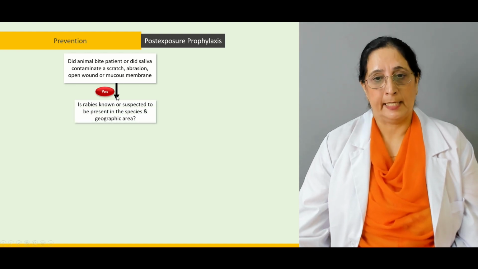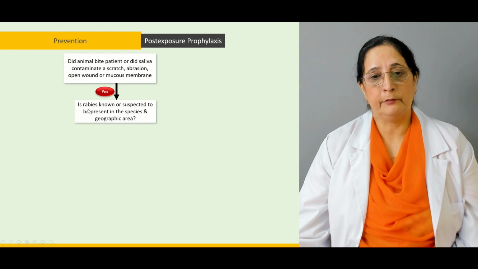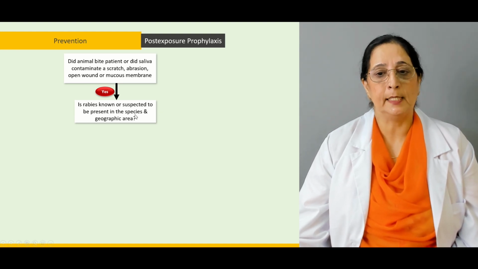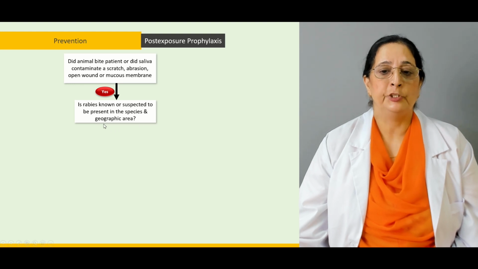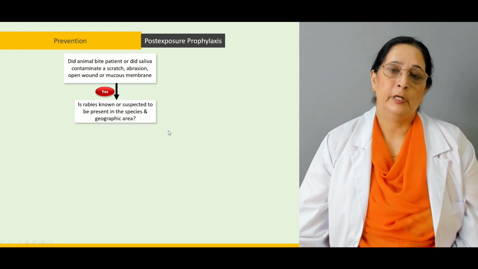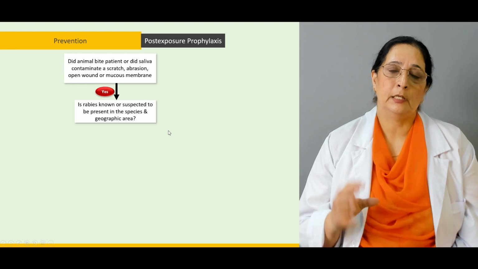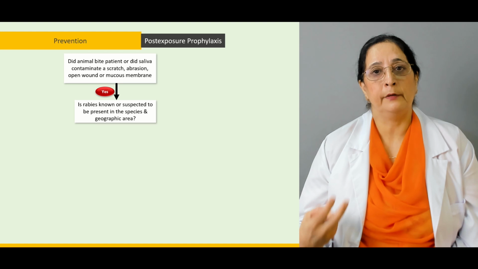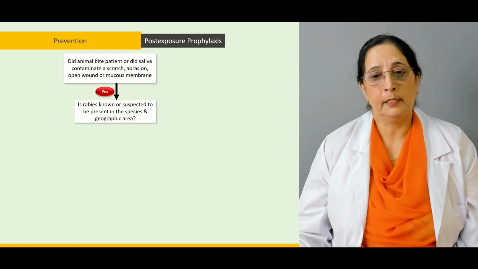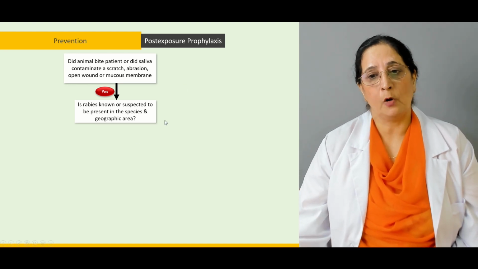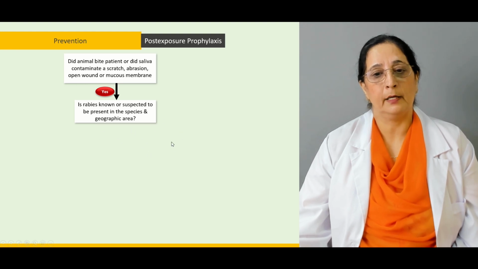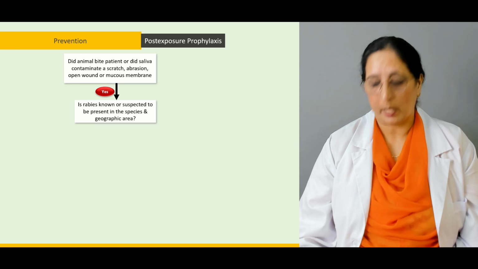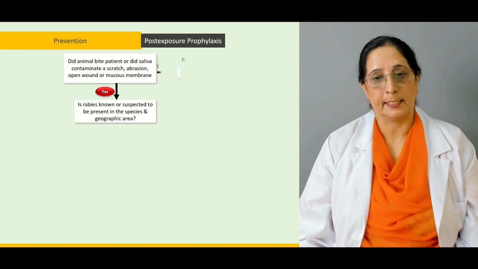If yes, it did, then is rabies known or suspected to be present in the species and geographic area? So if the saliva touches or the animal bites, then we need to know whether rabies is common in that geographic area, or if the rabies virus is suspected to be present in the animal that bit.